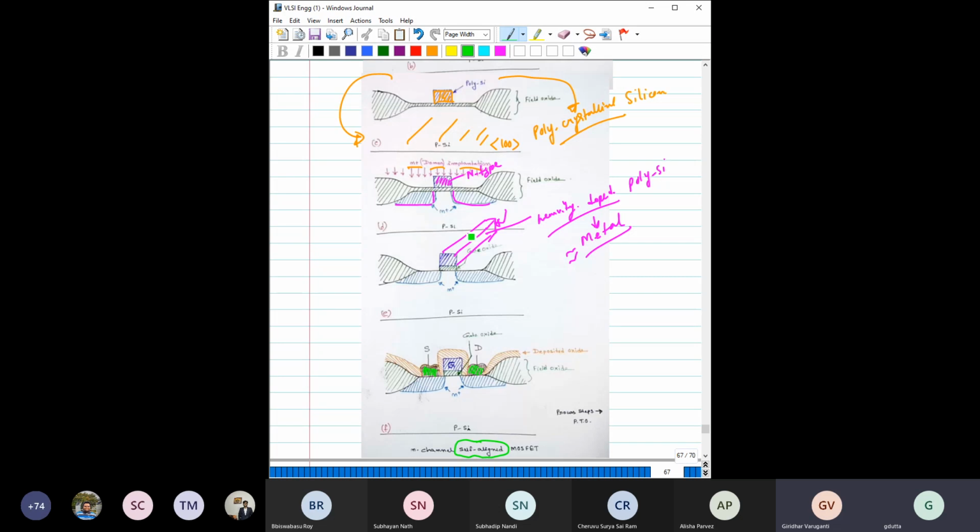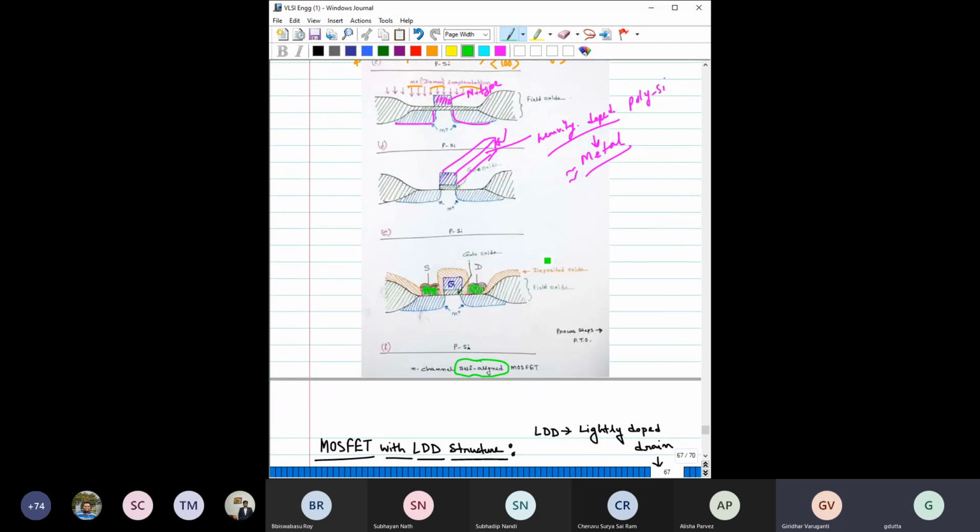But in self-aligned, as you are creating the gate first, it is the gate-first process, and then creating this n plus region, right? That basically gives you the advantage of self-alignment of the gate with respect to source and drain, right? However, when you do that, after that you also have to do a drive-in.